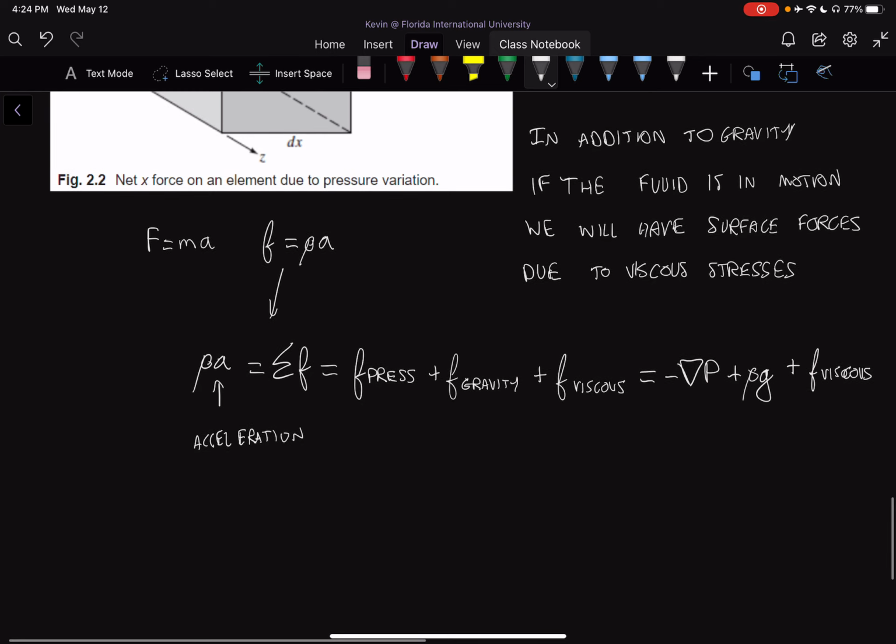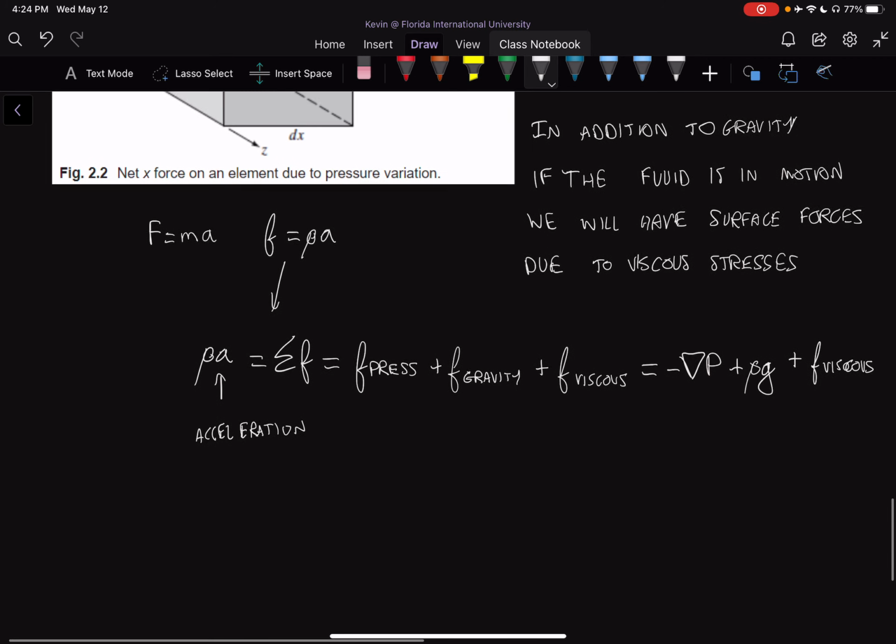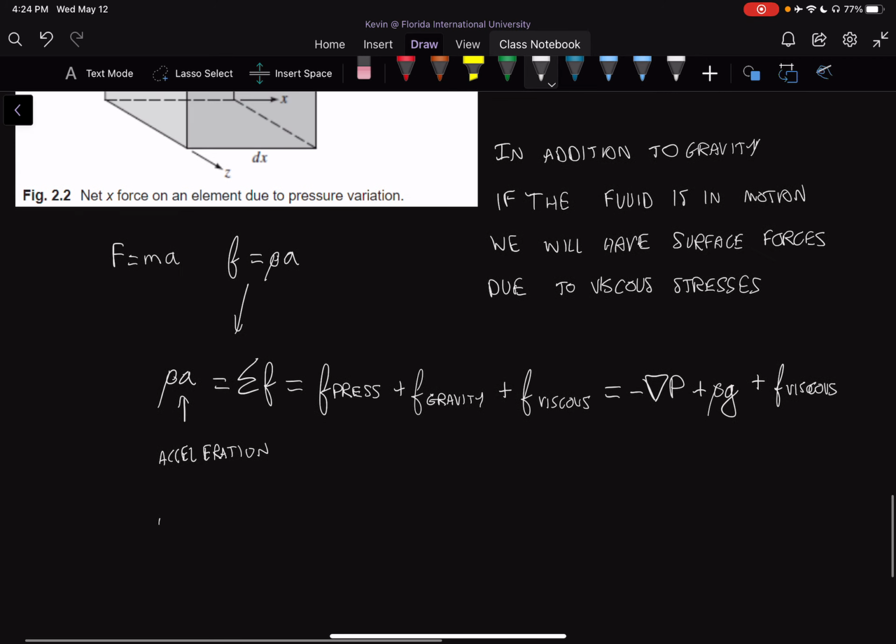Now, in hydrostatics, when we're looking at static fluids, viscous stresses are zero. We have no stresses caused by viscosity.